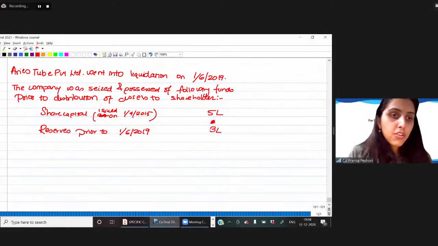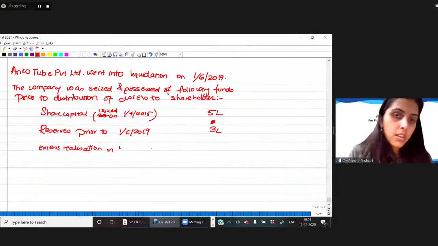Excess realization in course of liquidation, 5 lakh.